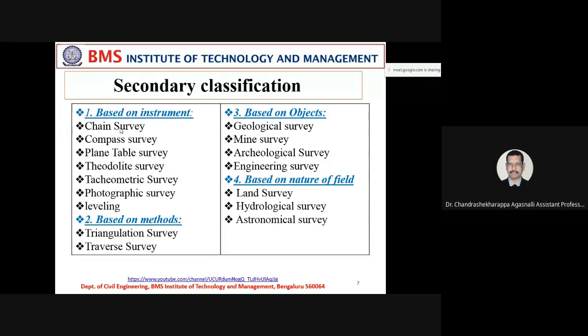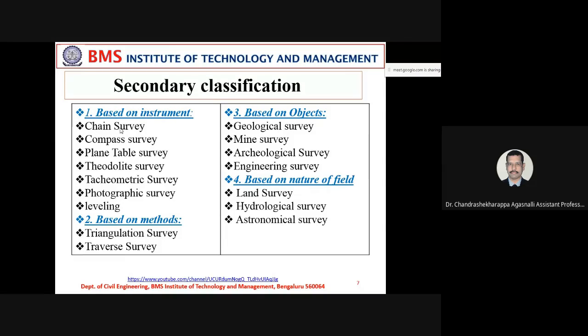That means the entire area is divided and broken up into different triangles, maybe small, maybe big. That's one thing. The other one is traverse: make every 100-meter or 50-meter interval grid, do the traverse, and you can finish the survey.